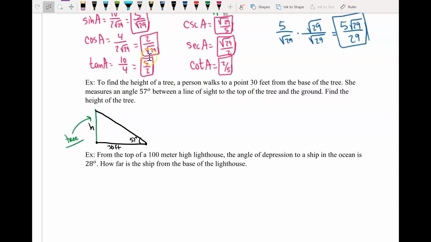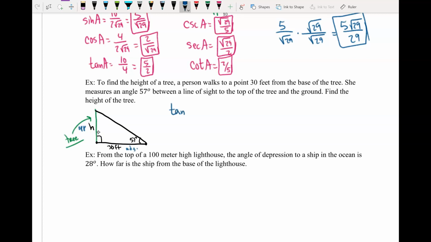So let's look at this and think about what trig function would be best. Well, notice that from the angle, the side that we want is the opposite. And then the 30 here is the adjacent side. So it would make sense for us to use tangent.